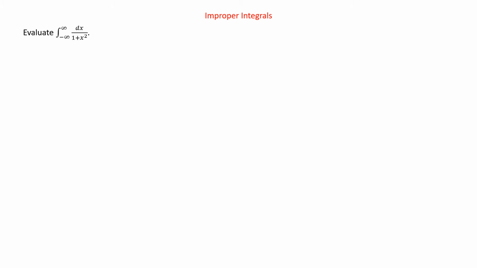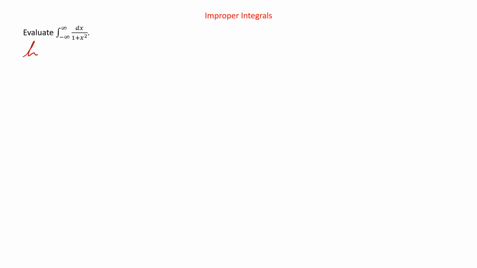So we have those. What if we have the whole thing? We're going from negative infinity to infinity. Well, we just have to split it up somewhere in the middle, probably 0.